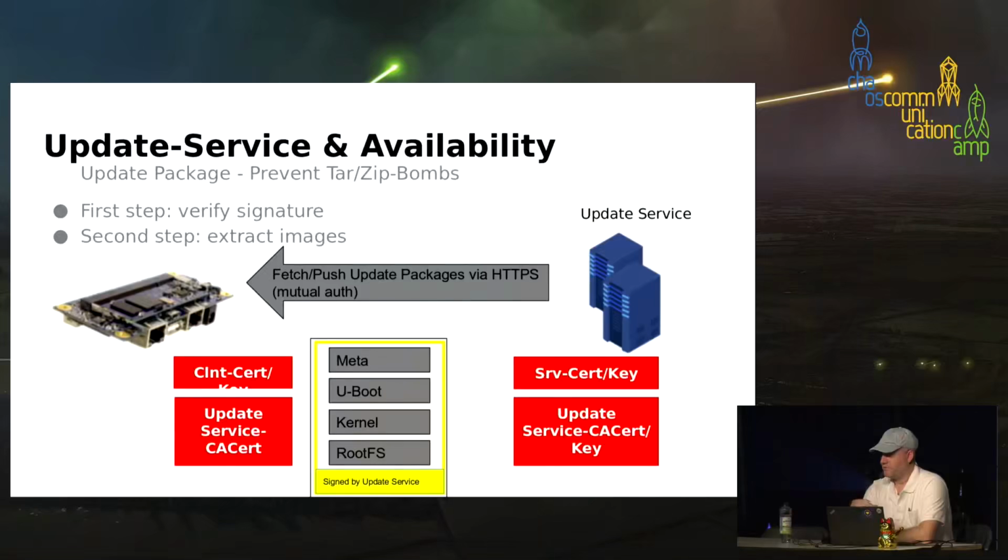Otherwise, if you untar this package, it might be a tar or zip bomb or whatever, a denial of service attack to kick your system out. So the first step when dealing with update packages is always to verify the signature.